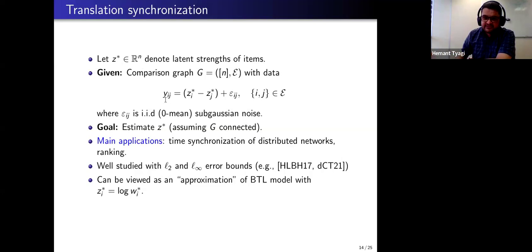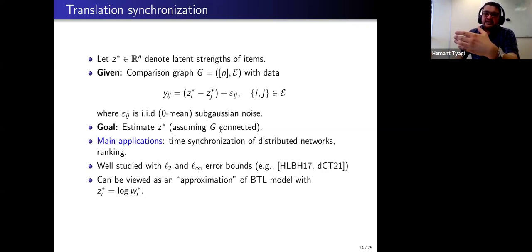And now for each edge, we are given the pairwise difference between the latent strengths Zi star minus Zj star, plus some noise, which we assume to be zero-mean subgaussian noise. So it's a different model than the BTL, but it's still related to it. Given this pairwise data Yij for all ij in the edge set, the goal is to estimate Z star. And again, you can only do meaningful estimation if G is connected.